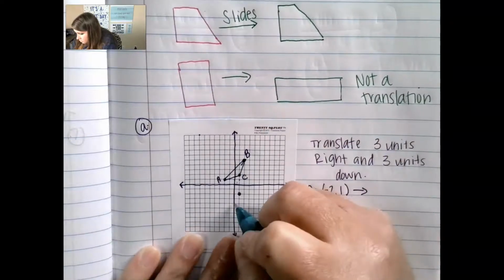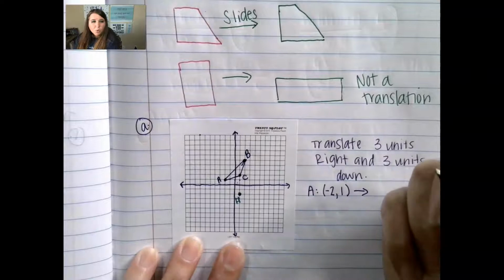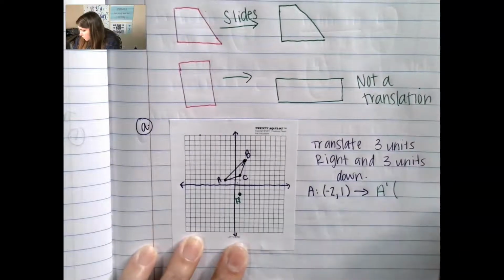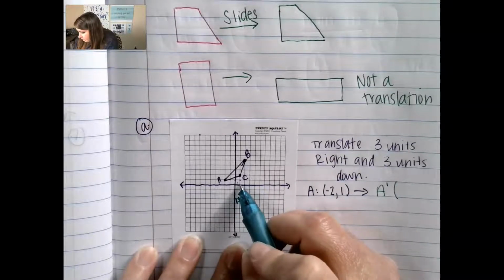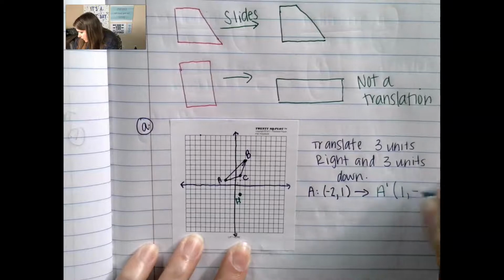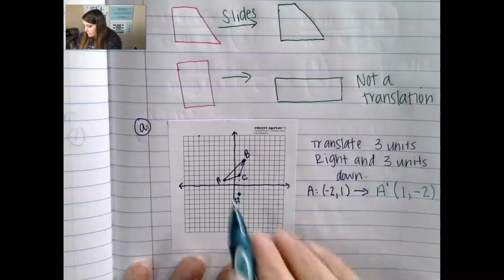So this is our new point A. The image is going to have an A with a little 1 next to it. So A with a little 1 next to it, the new point is at 1, -2.